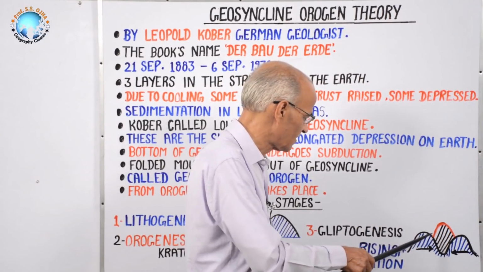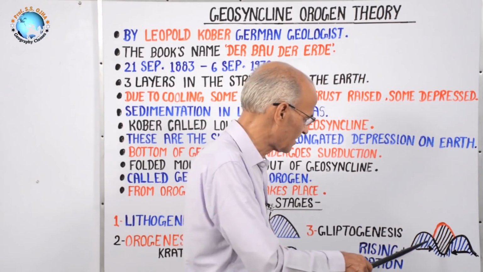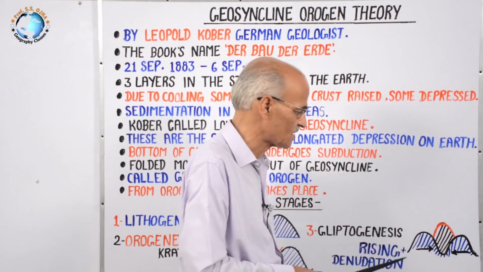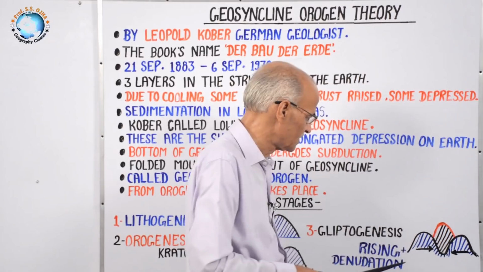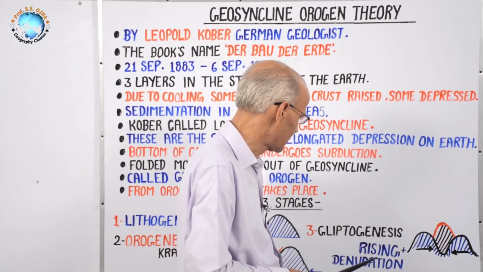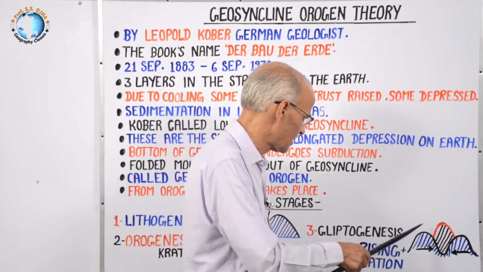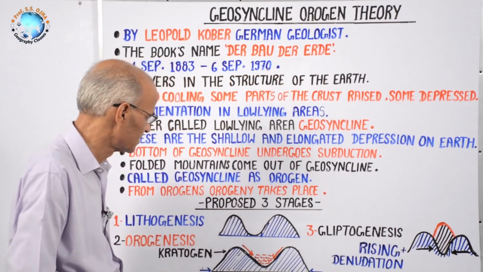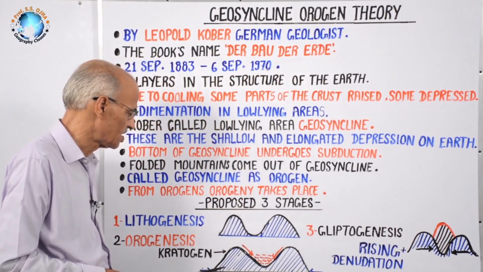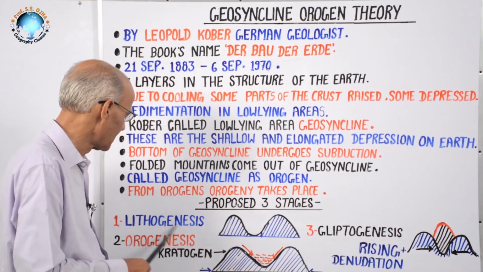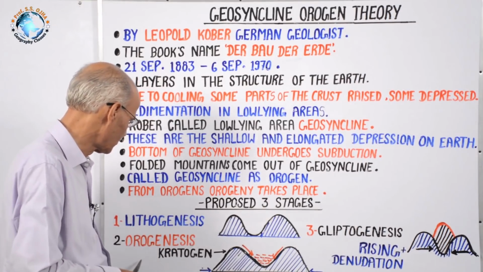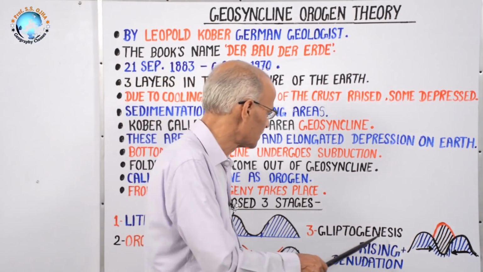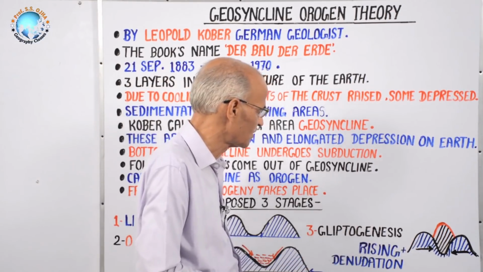At the time of rising, or along with rising, exogenic forces, especially climatic forces, start operating, and that's why denudation also started. Thus, KOBER's hypothesis has three main points. Number 1, lithogenesis. Number 2, orogenesis. And number 3, glyptogenesis, meaning mountain orogeny.